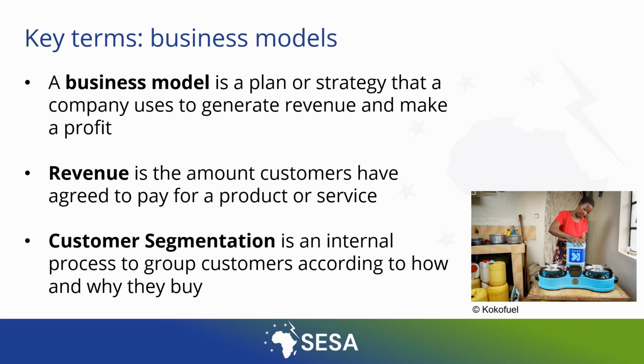A business model typically includes information about the company's target customers, its products or services, its marketing and distribution channels, pricing strategy, and its cost structure. And the ultimate goal of a business model is to create a sustainable and profitable business by identifying the best way to deliver value to its customers while minimizing costs and maximizing revenue.